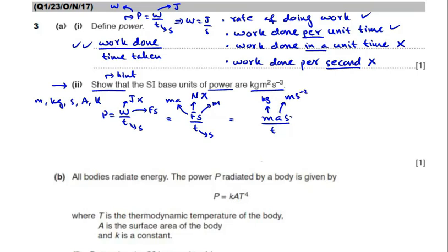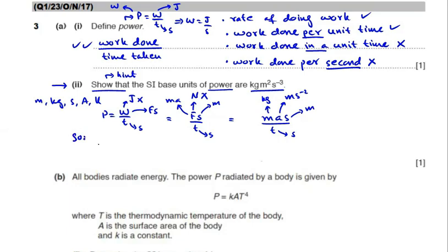The SI unit of displacement S is meter, which is again an SI base unit. And SI unit of time is second, and second is also an SI base unit. So students, we have finally obtained an expression for power in terms of quantities we know the SI base units of. Now let's use this expression for power to calculate its SI base units.